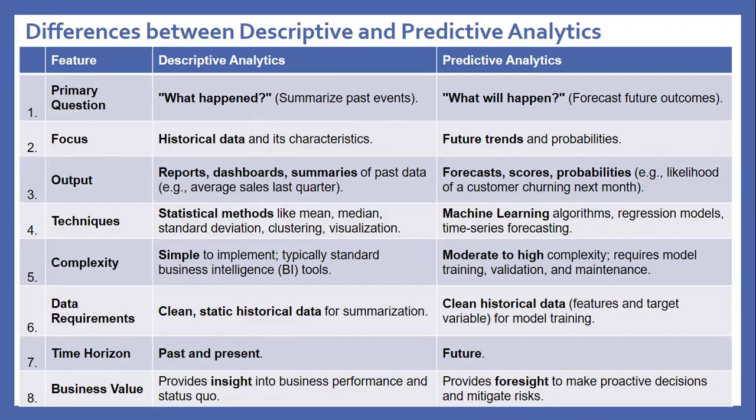Techniques: descriptive analytics uses statistical methods like mean, median, standard deviation, clustering, and visualization. Predictive analytics uses machine learning algorithms, regression models, and time series forecasting. Complexity: descriptive analytics is simple to implement, typically using standard business intelligence BI tools. Predictive analytics has moderate to high complexity and requires model training, validation, and maintenance.